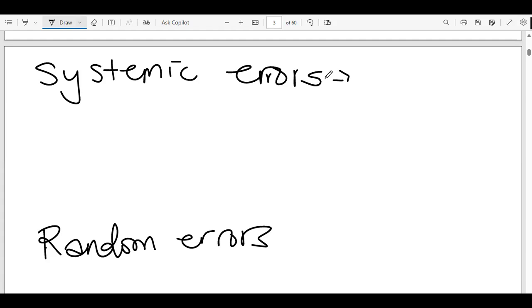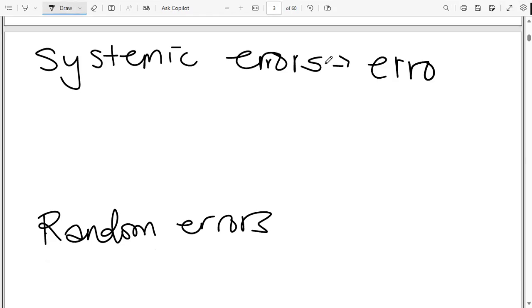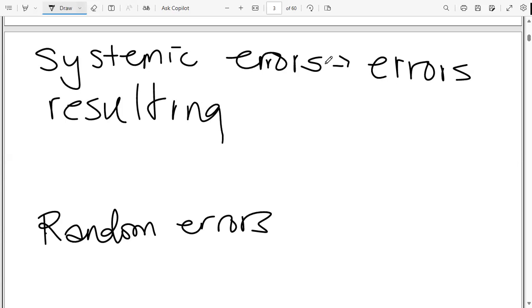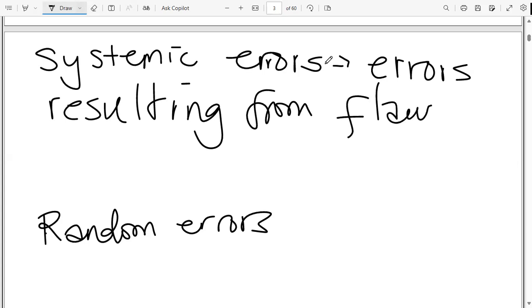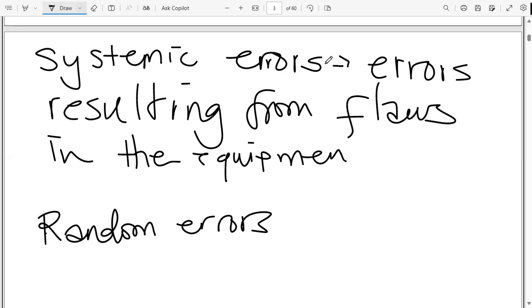So let me just write the definition here. These are errors resulting from flaws in the equipment used, or the method that you've used to come up with that particular measurement.